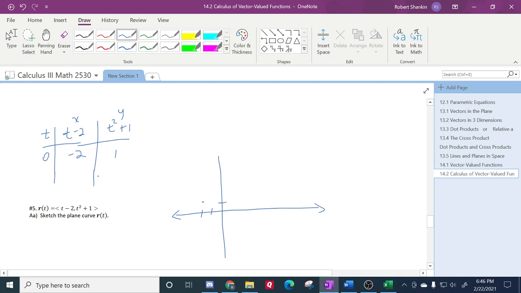And we could continue doing this. I have a question. If t's interval is not given, we just assume that it's from negative infinity to plus infinity. So we can plug in any number we wish to. Any number you want. That's right. And we'll also give you a direction because t goes from negatives to positives. Okay. All right.